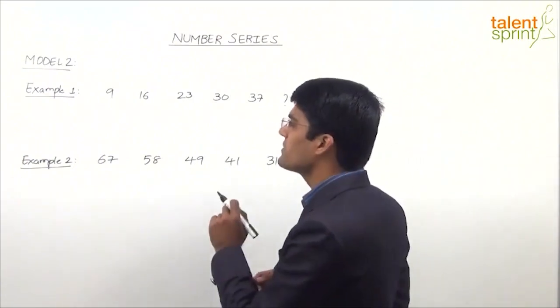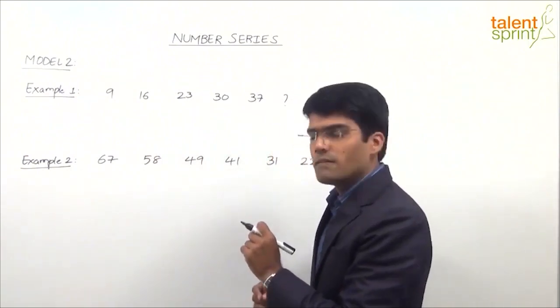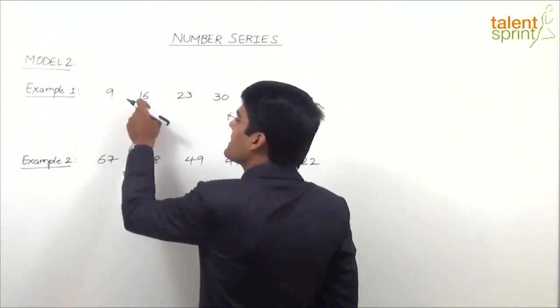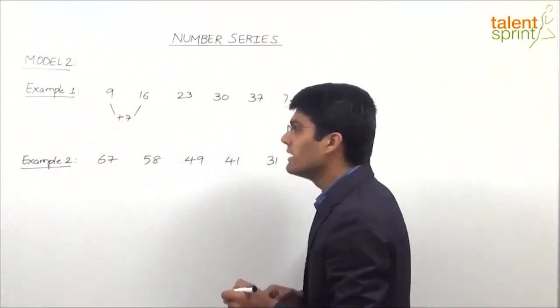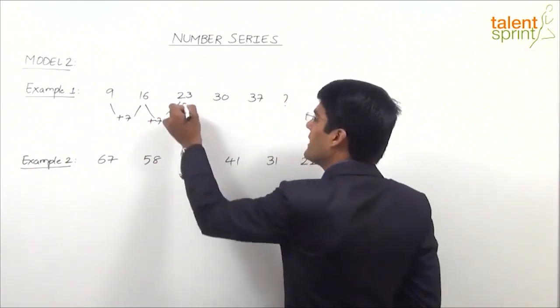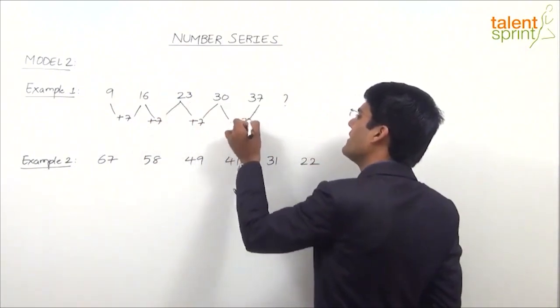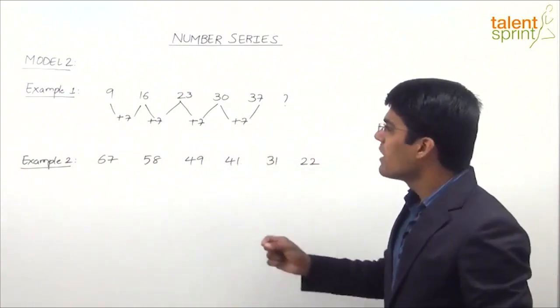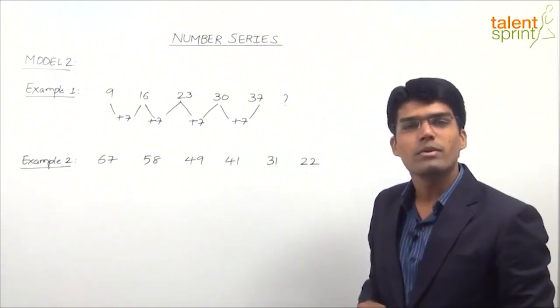If you try to observe the difference between two consecutive numbers, we find that 9 plus 7 gives 16. Then 16 plus 7 will be equal to 23. 23 plus 7 is 30 and 30 plus 7 will be equal to 37. That means very clearly the difference between two consecutive numbers here is equal to 7.